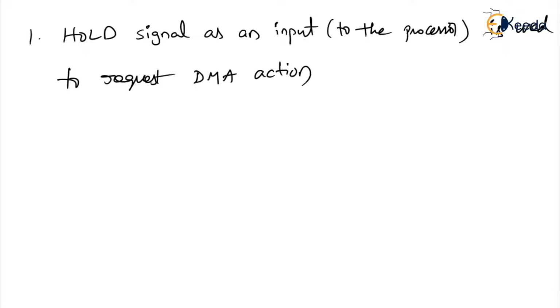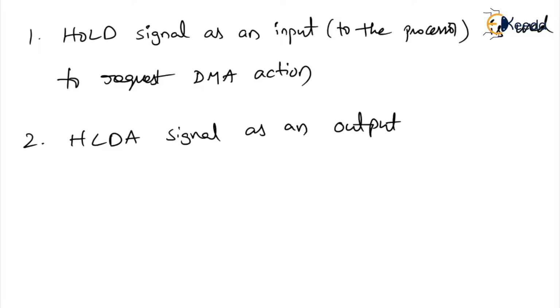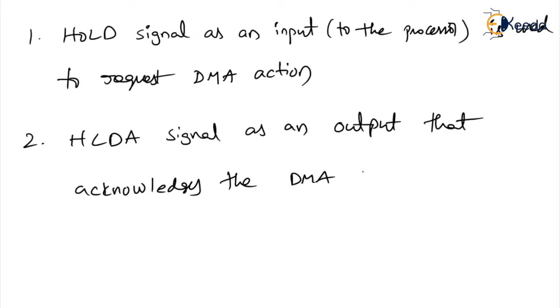And what is the next signal? The next signal is HLDA, hold acknowledgement. The hold acknowledgement signal is an output that acknowledges the DMA action.